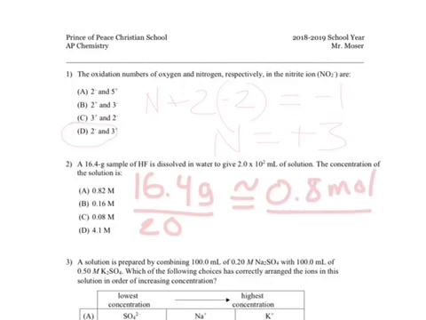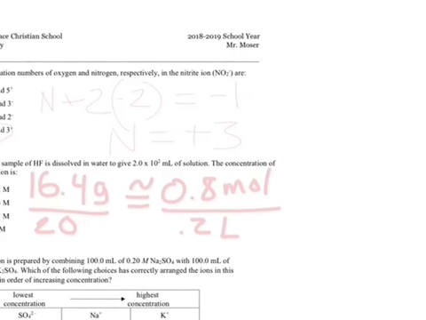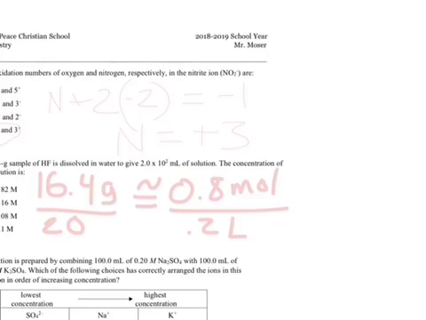And we're going to divide that by 0.2 liters, and so we can tell that that's going to be approximately equal to 4.